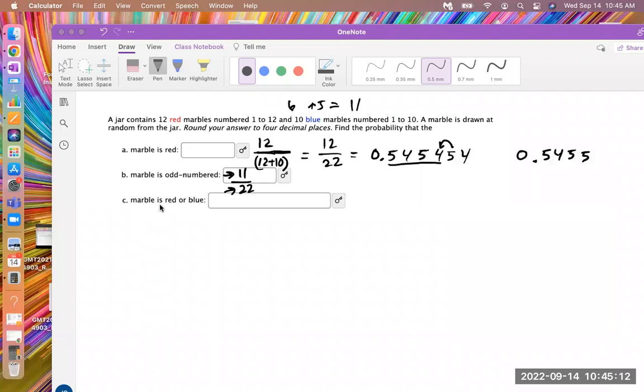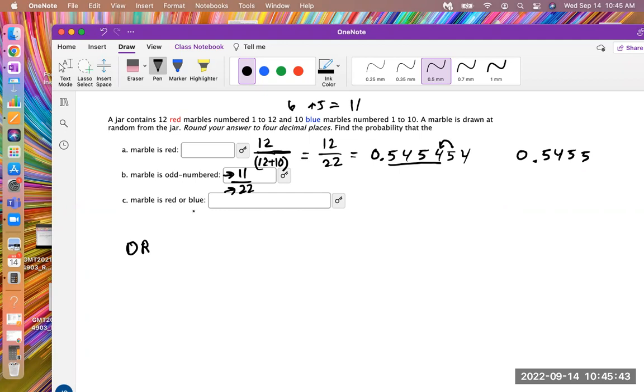Okay, now the marble is red or blue. Now this is an OR situation. We're trying to find the probability of red or blue, so we have to use the OR equation. First you have to ask yourself, are they mutually exclusive?